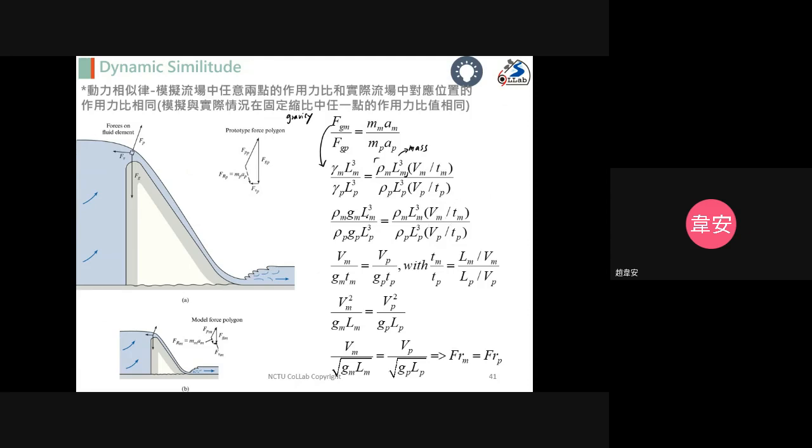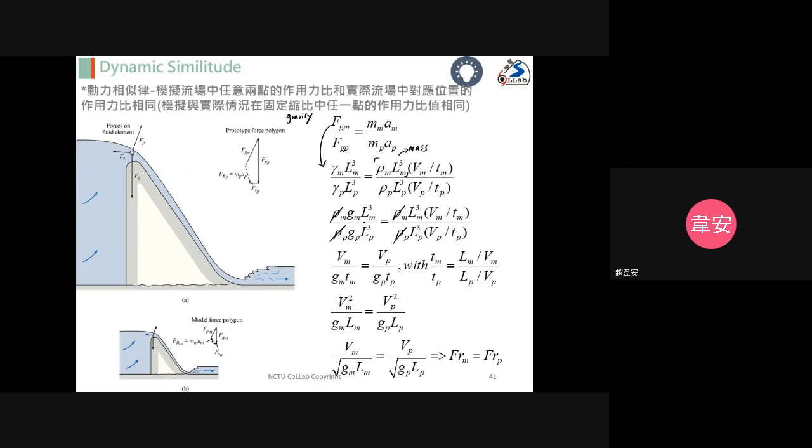So we can cancel out some parameters. The first one, the density, would be the same if we have the same temperature and pressure. And usually for water we assume the flow is incompressible.